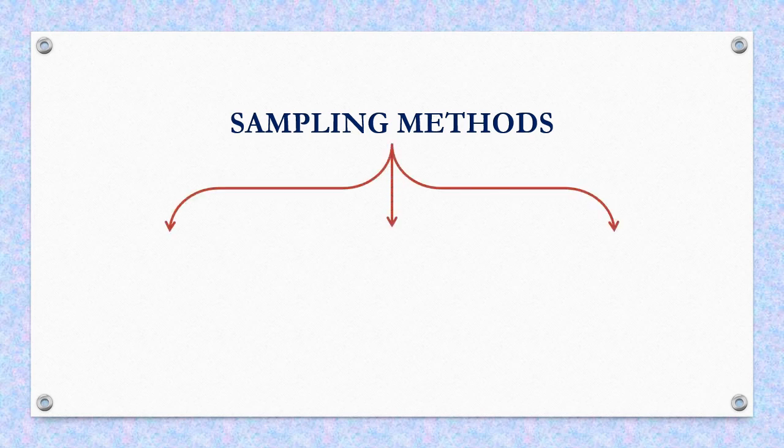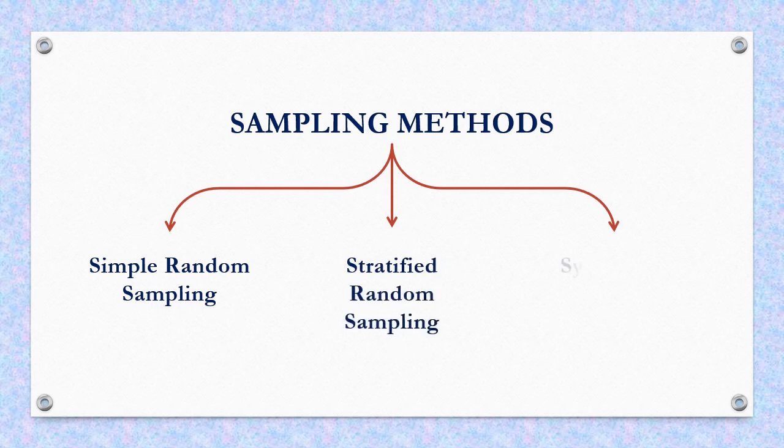There are many methods, but according to our syllabus, we are going to study three of these. The first one is simple random sampling, then stratified random sampling, and systematic sampling. We will start in this tutorial with simple random sampling.